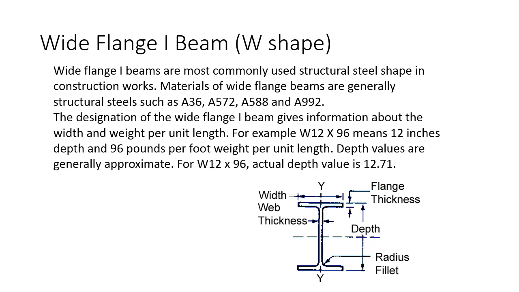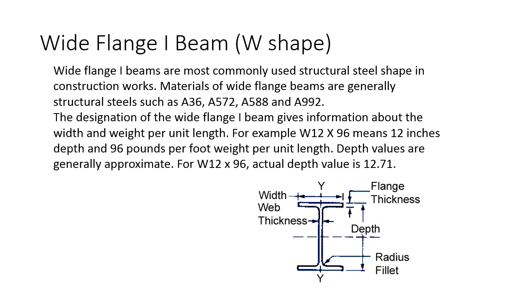The one we called out here is a W12 by 96. It means it's 12 inches deep, more or less, and it's 96 pounds per foot in unit length. So if you had 10 feet of that material, you'd have 960 pounds of steel. So it's a pretty good way to figure out the weight of a material.